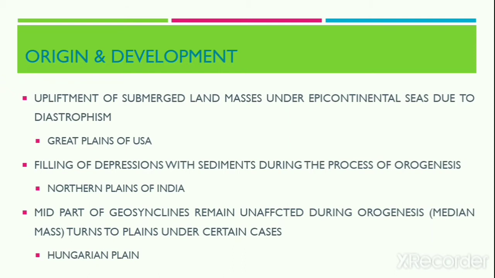Sometimes the mid part of the geosynclines remains unfolded after the formation of bordering ranges on both the margins of the geosynclines. Such areas are unaffected by folding activities. Very often we call them median masses, and these median masses become plains later on.